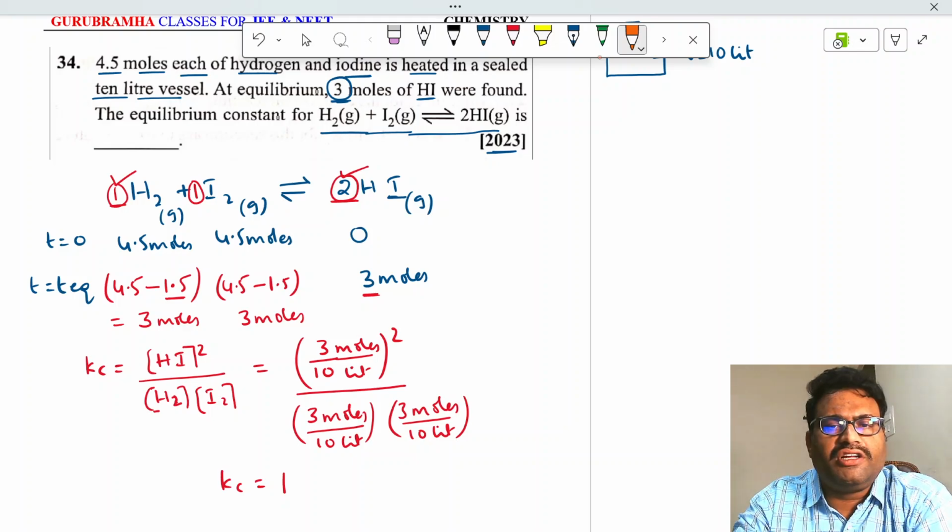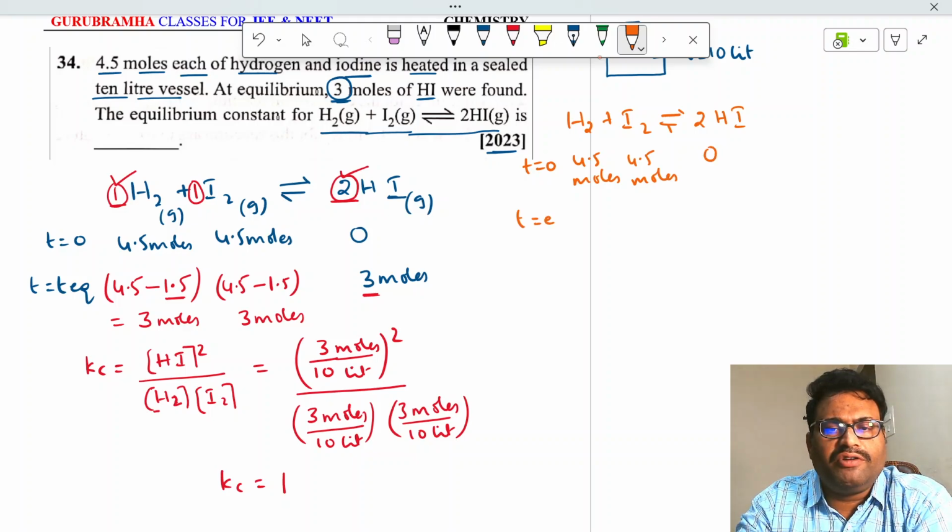Let us take H2 plus I2 gives rise to 2HI. At time t equal to 0, 4.5 moles, 4.5 moles, 0.